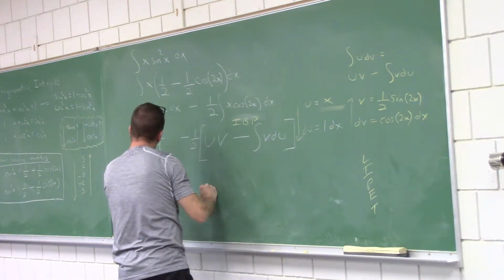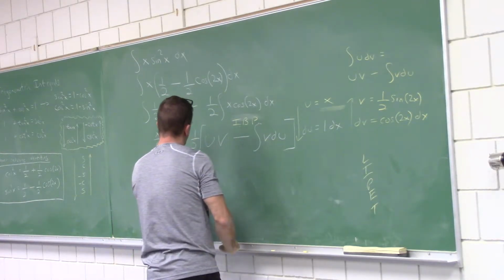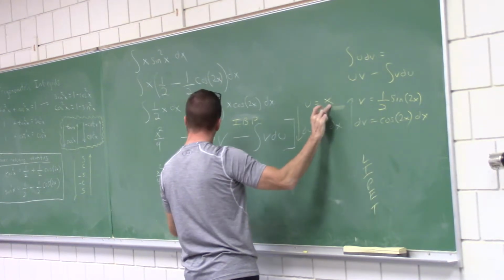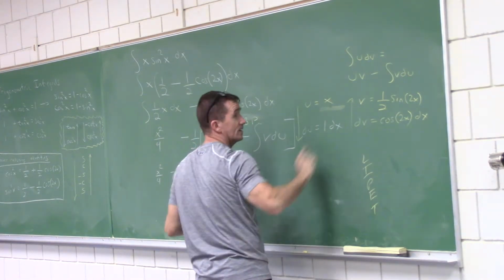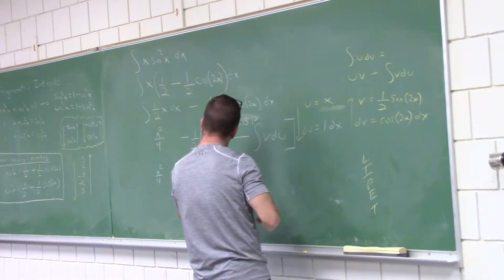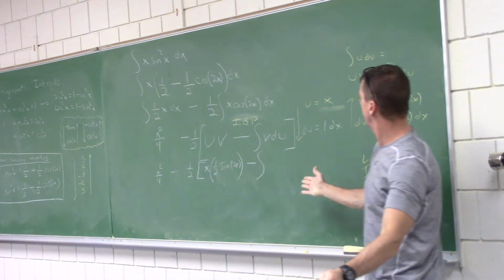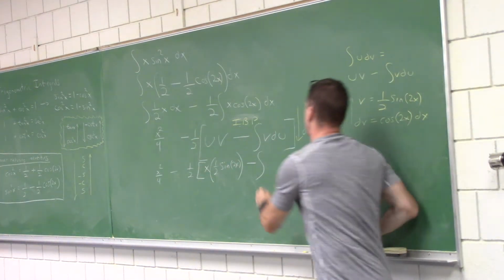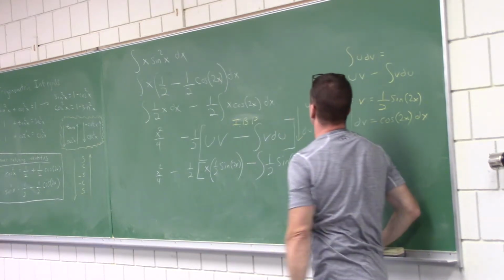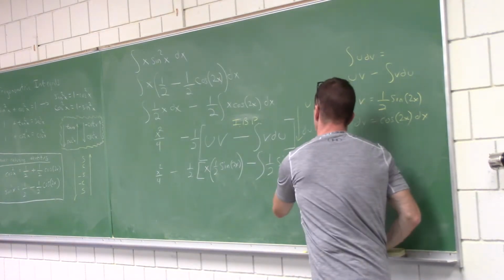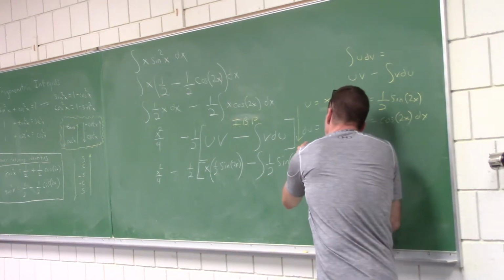I'm getting x squared over 4 minus 1/2. In my brackets, I've got x times 1/2 sine 2x minus integral v du. Bracket.